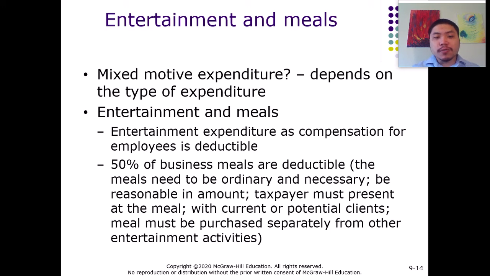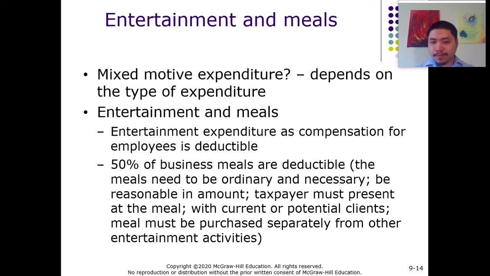What about meals? According to the IRS, the way they view things, whether or not you are doing business activities, you have to eat anyway. That's why the IRS only allows 50% of business meals to be deductible.